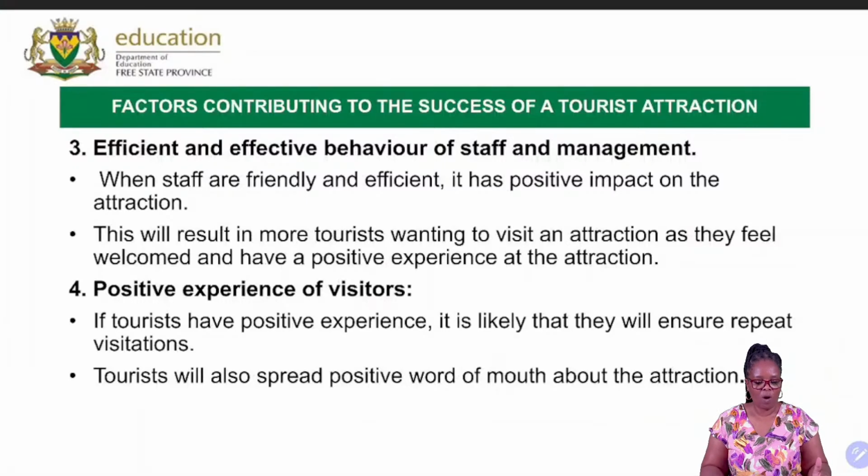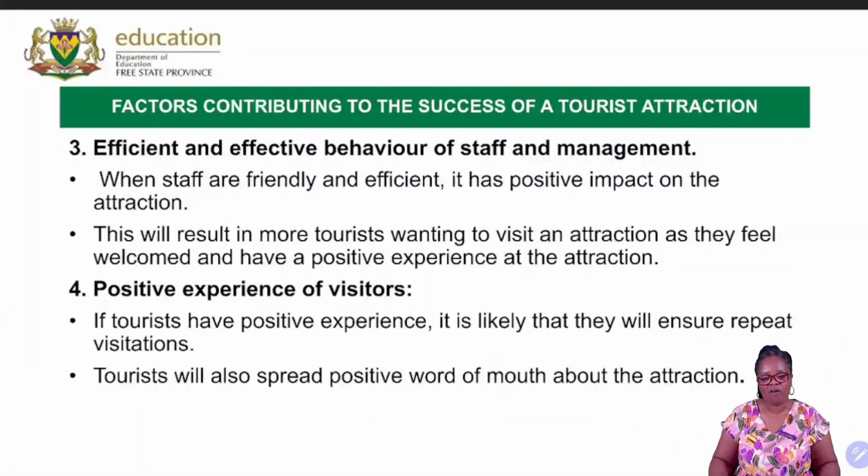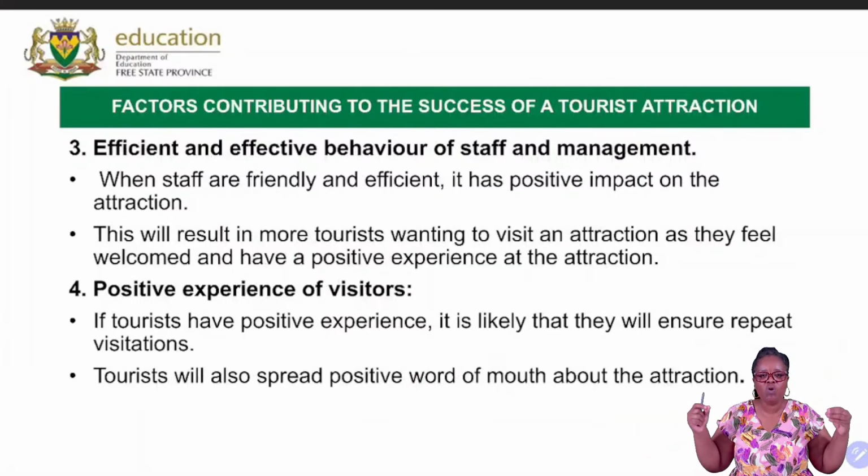On this one, if the staff is efficient and effective, that also is a form of marketing because the tourists will go out there and spread the word of mouth. They will be using this tool of marketing for the attraction, free of charge.